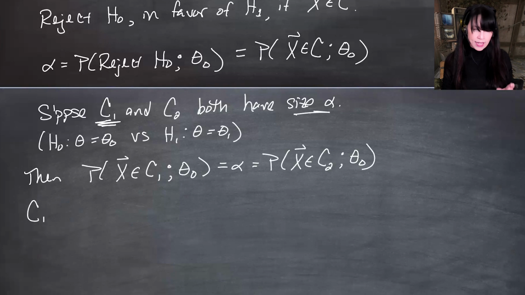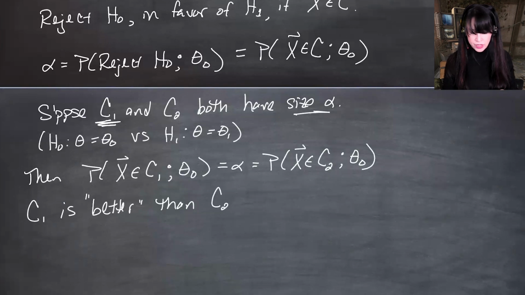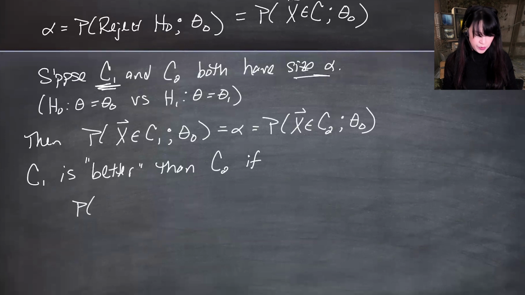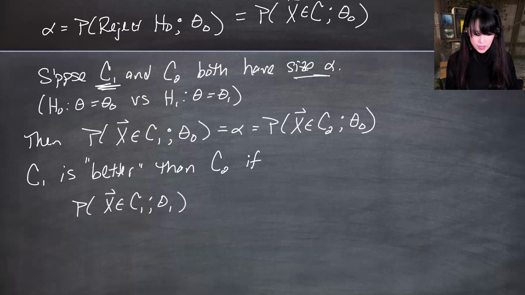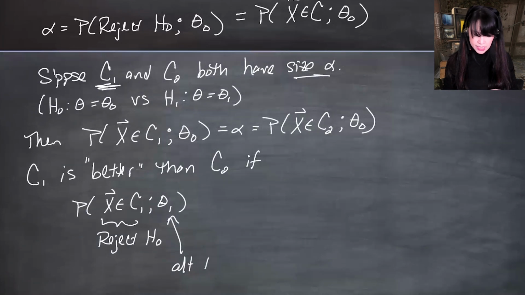But they can differ then when the alternative hypothesis is true. So C1 is said to be better than C2 if... So when the null hypothesis is true, we look at these probabilities and they have to be the same. But if you look at these probabilities when the alternate hypothesis is true, so I'm going to put a theta 1 in there, the probability you reject the null hypothesis using the first test, when the alternate hypothesis is true, you definitely want to reject the null hypothesis when the alternate hypothesis is true.